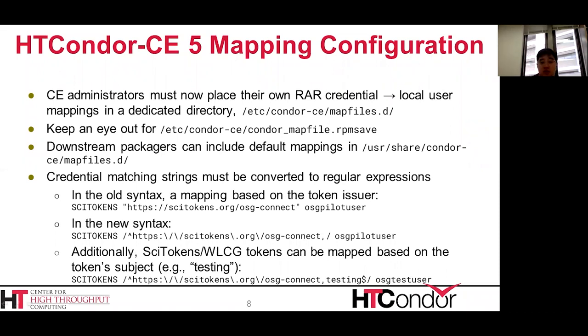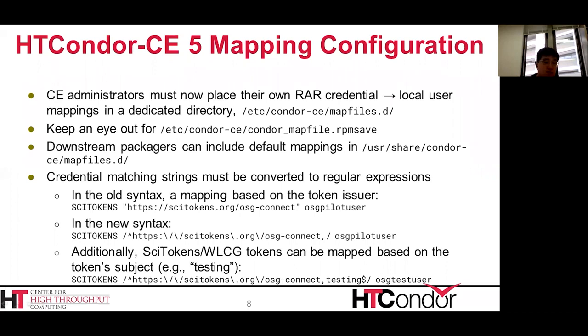So in the new syntax, that second field should be converted to a regular expression. And you'll notice that actually for the tokens, there is a comma before that last slash. And that's because when tokens come in, Condor can see both the token issuer and the token subject.